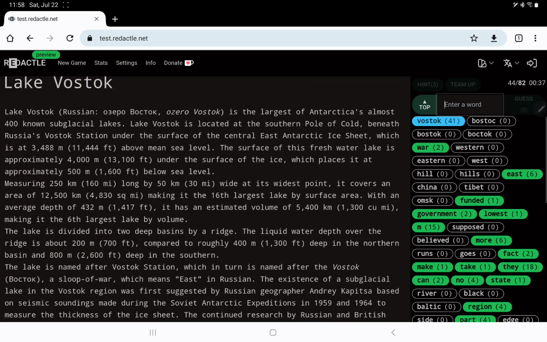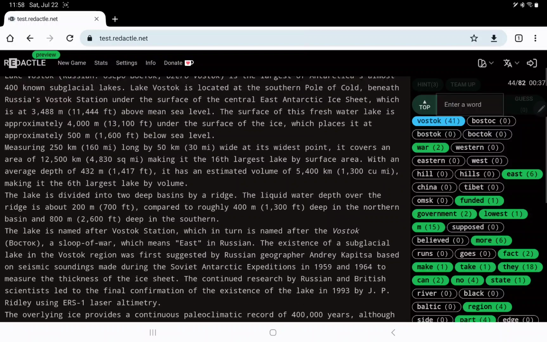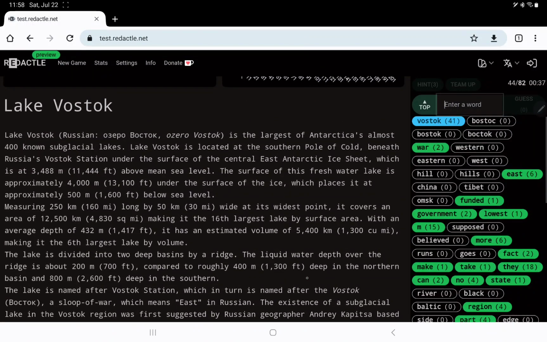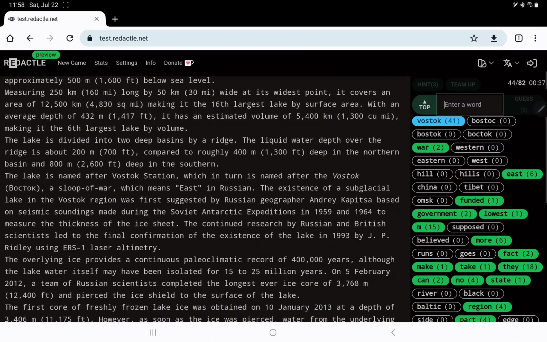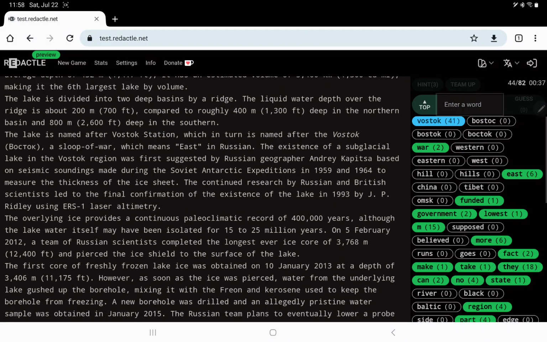Interesting. I've never heard of this, I think, but I know I've heard of Vostok. Let's see what it's named after. Anyway, divided into two deep basins by a ridge, named after Vostok Station.